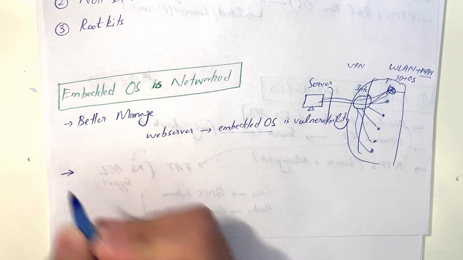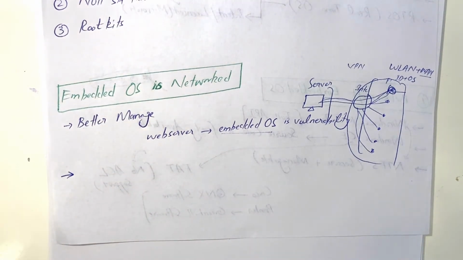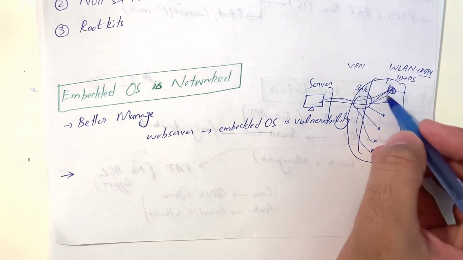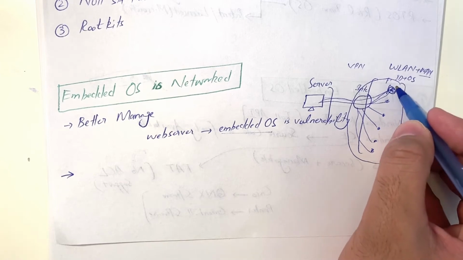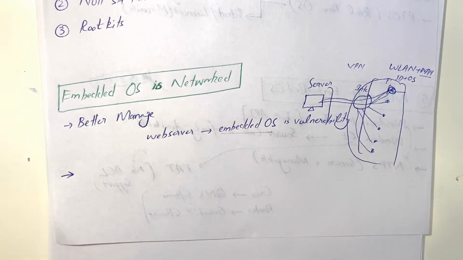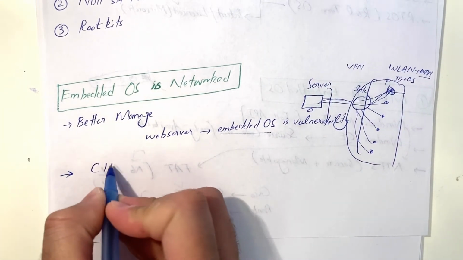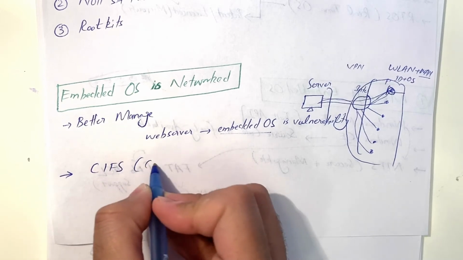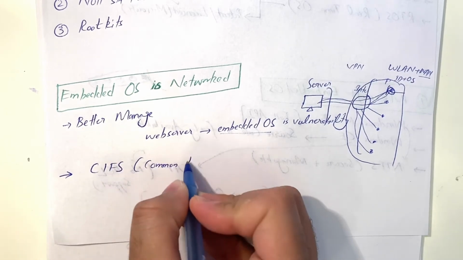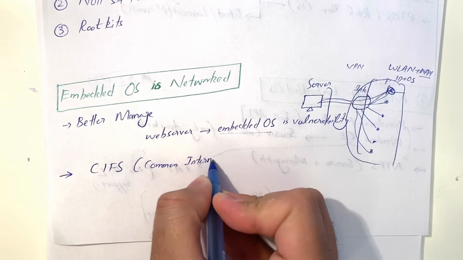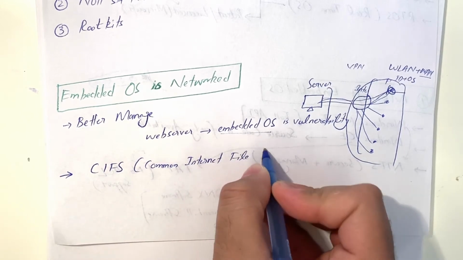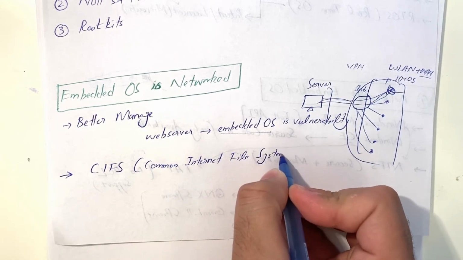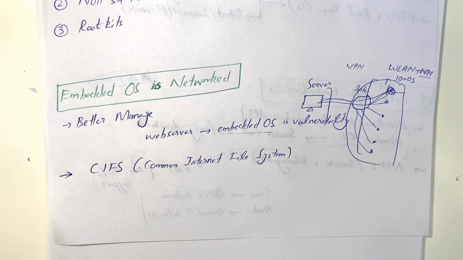The second thing about embedded devices is that, to protect these sensors from unauthorized access, we use a file system called CIFS, Common Internet File System. If you remember, this is the file system that we already discussed in the previous chapter.